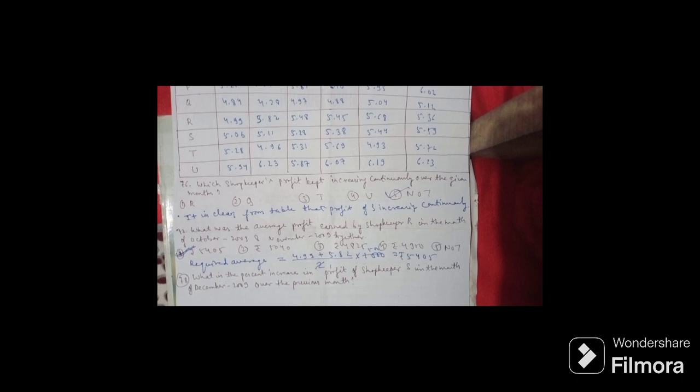So you have to round off the 2-digit after the decimal. Let's go for it.